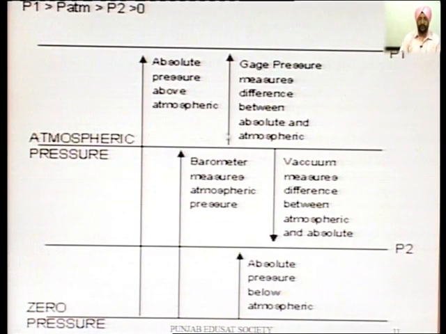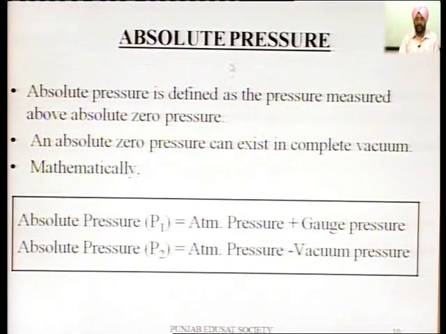It's very clear. Taking this line as a datum line, this is the gauge pressure and this is the vacuum pressure. Now, if I am interested in calculating the absolute pressure here, it will be atmospheric pressure plus gauge pressure, which we have just seen.